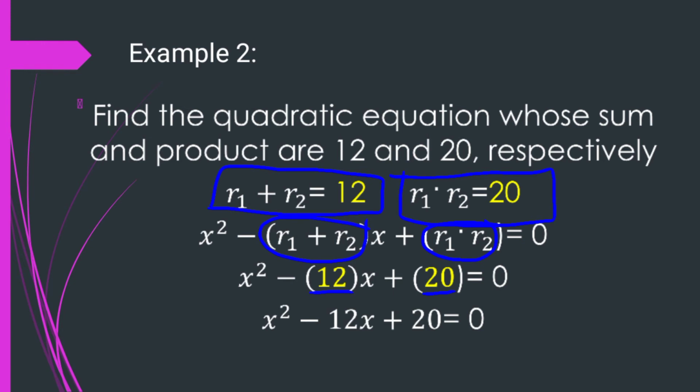So then, simplify. So x squared minus 12x plus 20 equals 0. This is now the equation given the sum and product 12 and 20 respectively.